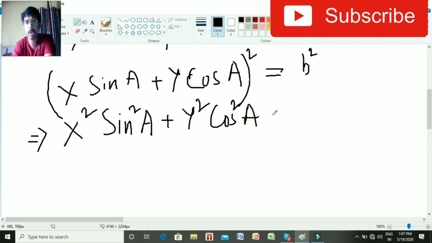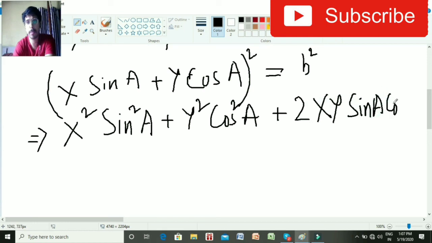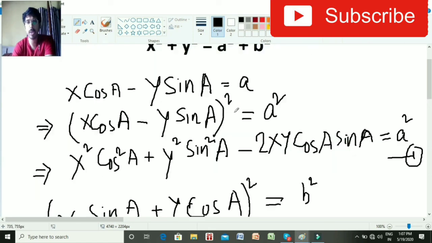That will be 2ab, which I have missed. So that will be plus 2xy sin A cos A, and that will be equal to B square. So we can take it as equation number 2. So we have equation 1 as this one and equation 2 as this one.